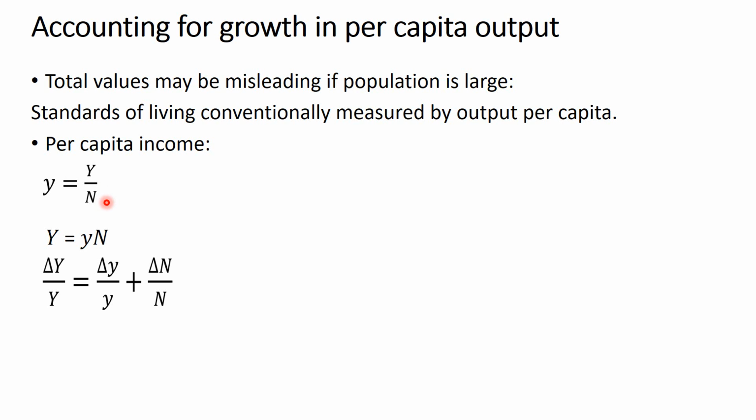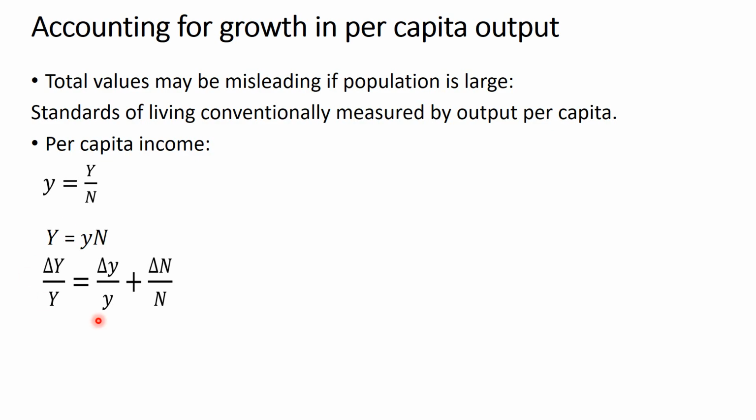If the population in an economy was 1,000, and if output in the economy was 10,000, then 10,000 divided by 1,000 would give you the output per person. Rearranging that, total output is equal to output per person multiplied by the total population size.